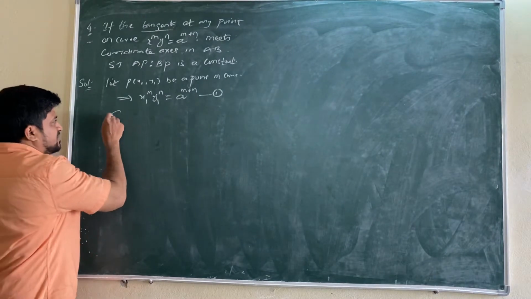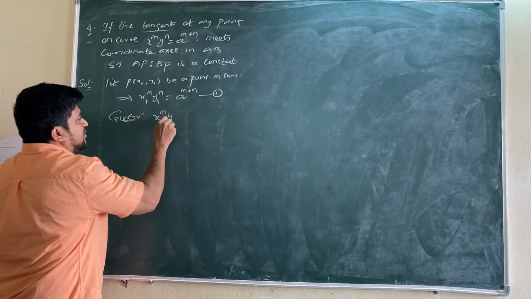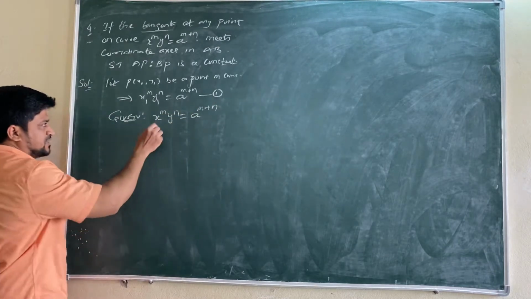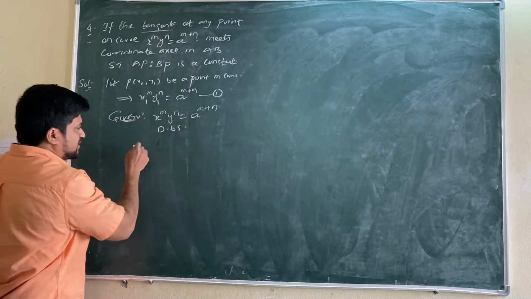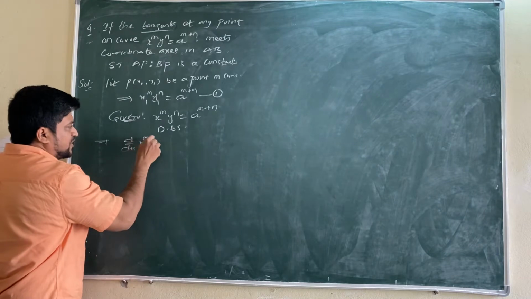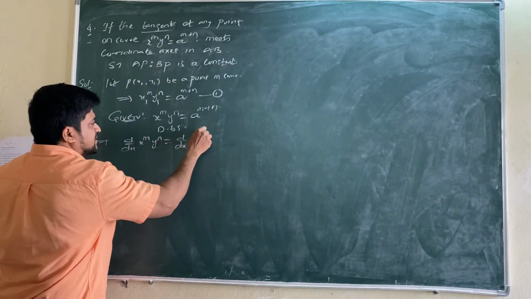Next we have given, again we need to write down the curve x^m into y^n equals a^(m+n). Now differentiating both sides with respect to x, d by dx of x^m y^n equals d by dx of a^(m+n).